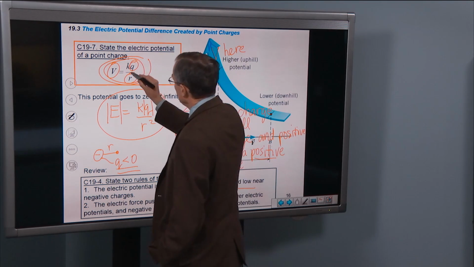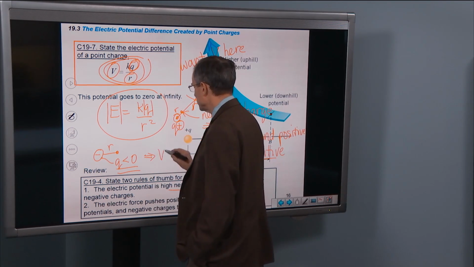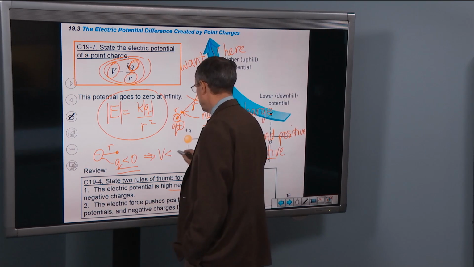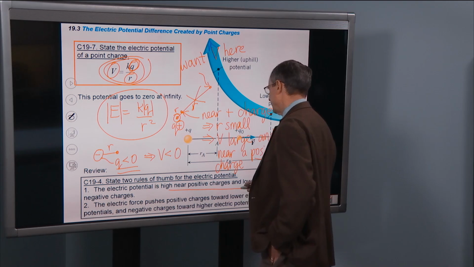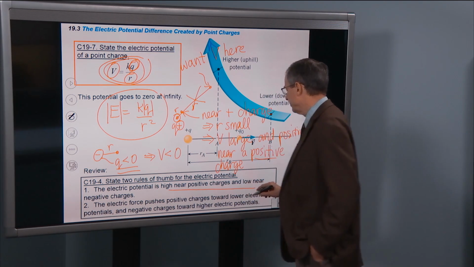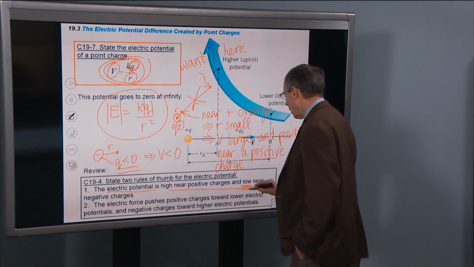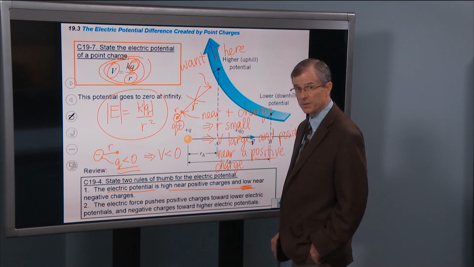So that Q will be less than 0, and if Q is less than 0, that implies that the electric potential must also be less than 0. That's consistent with the fact that the electric potential is low. In fact, it's negative near negative charges.